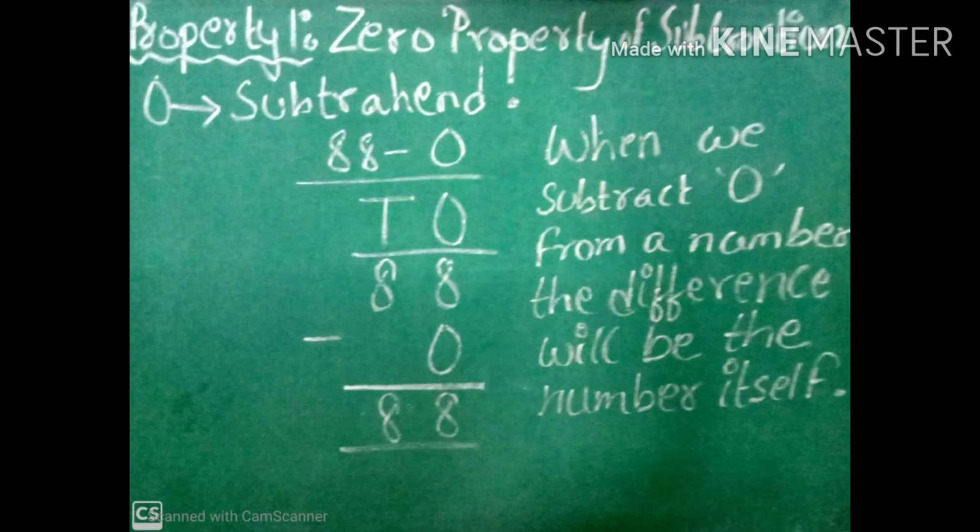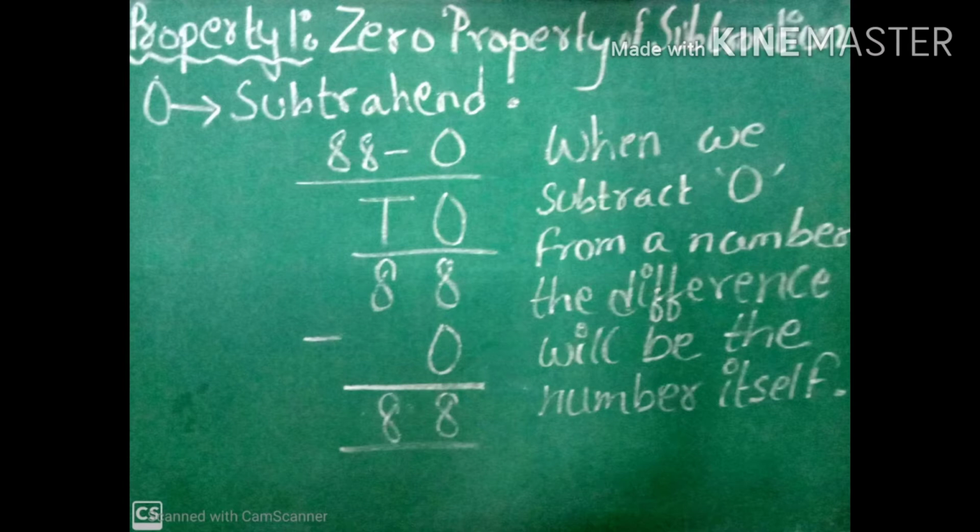Property 1, the zero property of subtraction: here, 0 is always taken as the subtrahend. Let us take the numbers 88 and 0. When we subtract 0 from 88, we get the same number, 88.